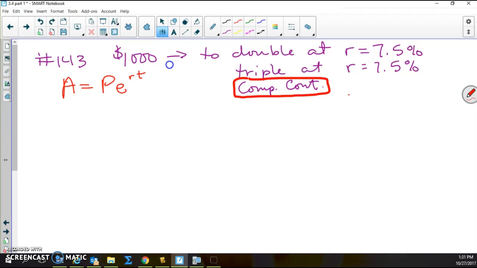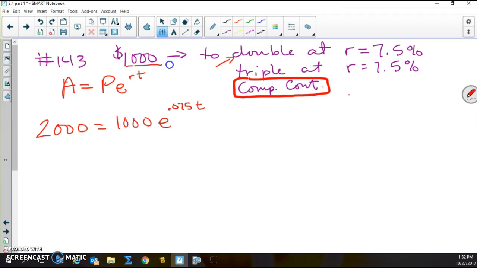So the first thing we're looking at is wanting to double the amount left after the investment. So double 1,000 would give us 2,000. The original principal was 1,000, and we know e is our constant. Our rate, 7.5%, we turn that into a decimal, 0.075, and we're solving for the time it takes.